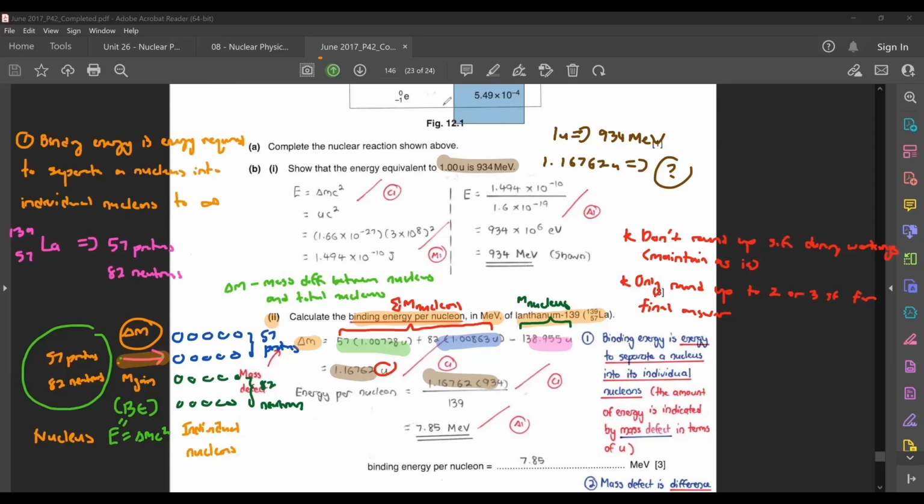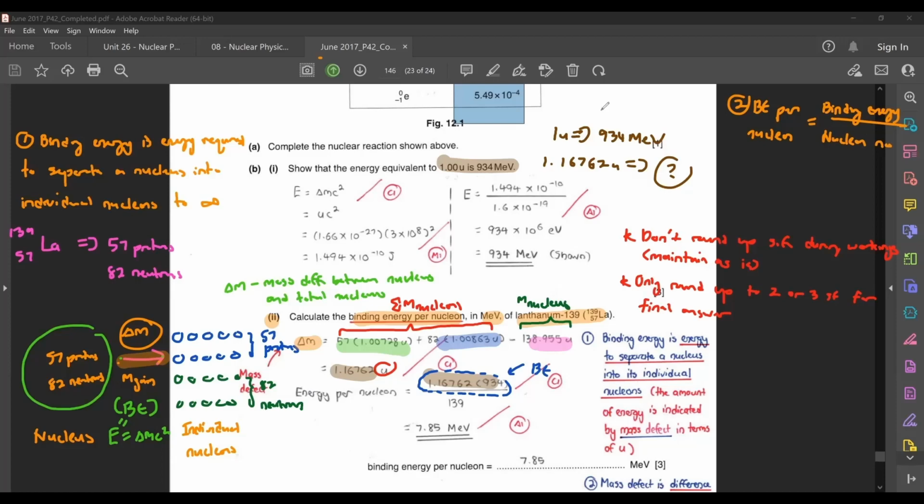So this entire thing here, maybe I better just circle it out. This one here is actually your BE only. If you want to find BE per nucleon, you take BE, binding energy, divide by nucleon number.